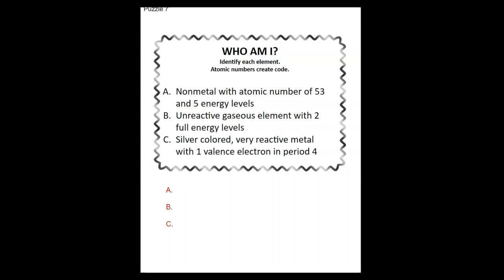Both the first and second shell are full. That should tell you the atomic number. And the third one is a silver colored, very reactive metal with 1 valence electron in period 4. So look in period 4 and figure out which one has 1 valence electron. Okay, that is the last slide for this puzzle.